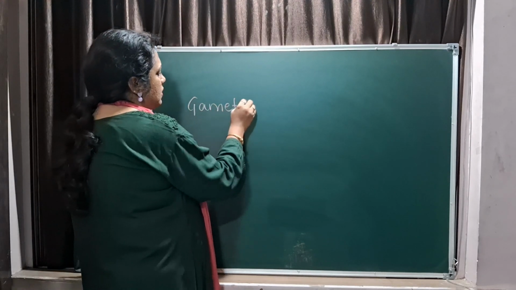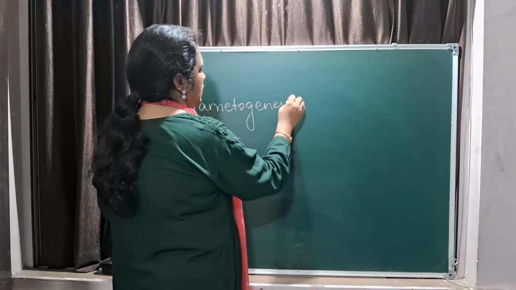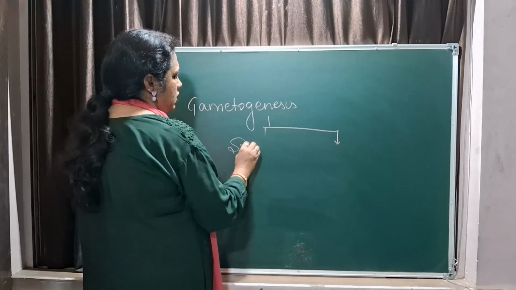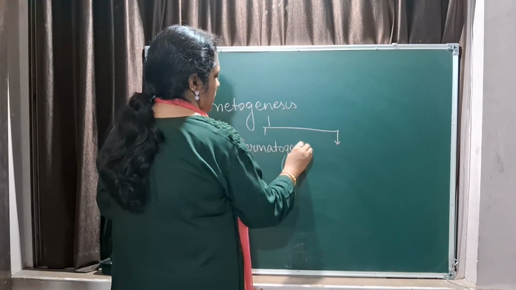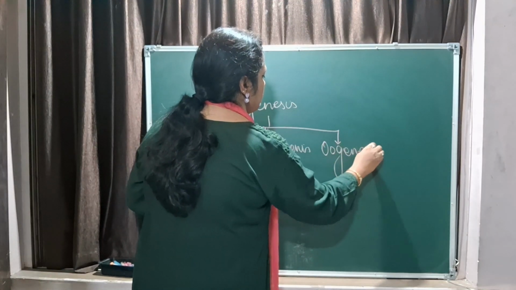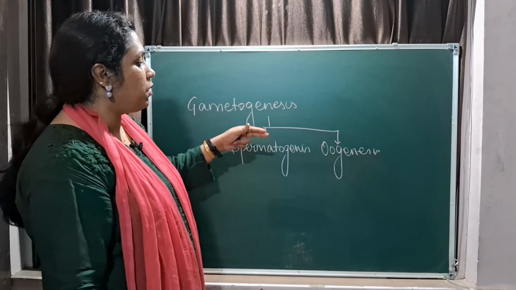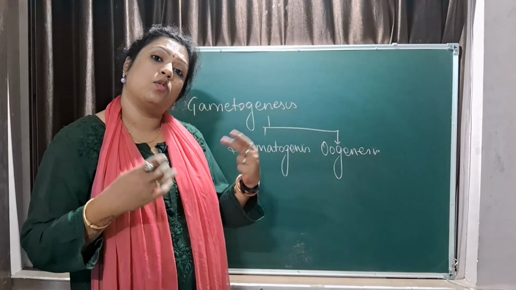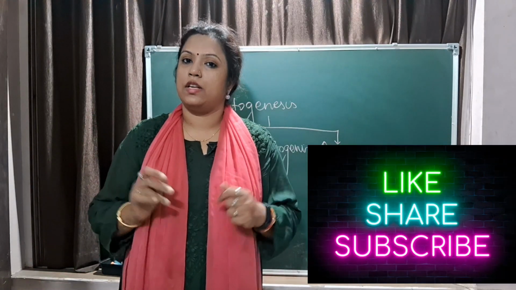That is spermatogenesis and oogenesis. So, during this phase only meiosis occurs. The number of chromosomes in the gametes is halved, so that when they undergo the process of fertilization, the chromosome number of the species is restored.